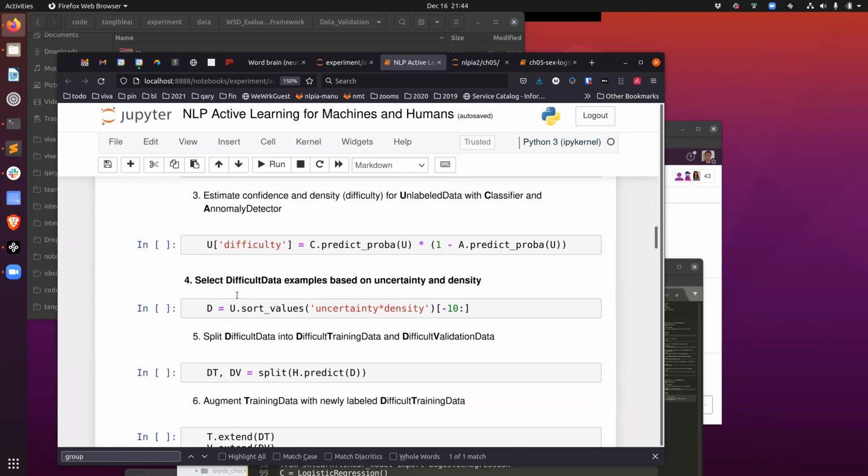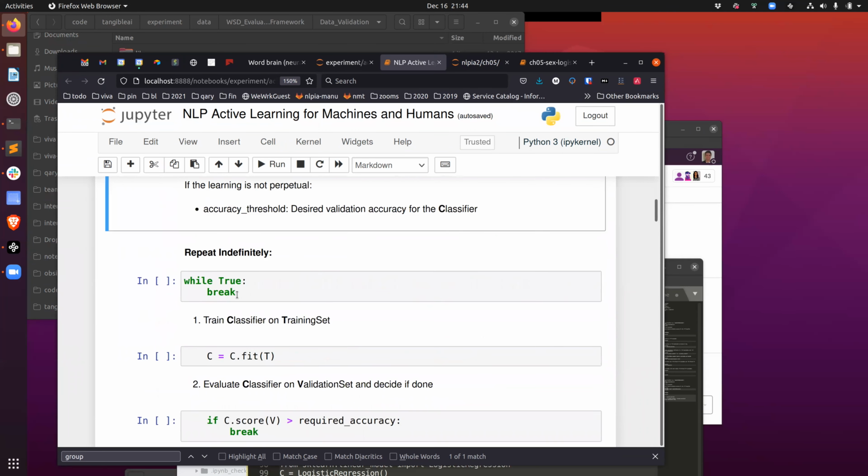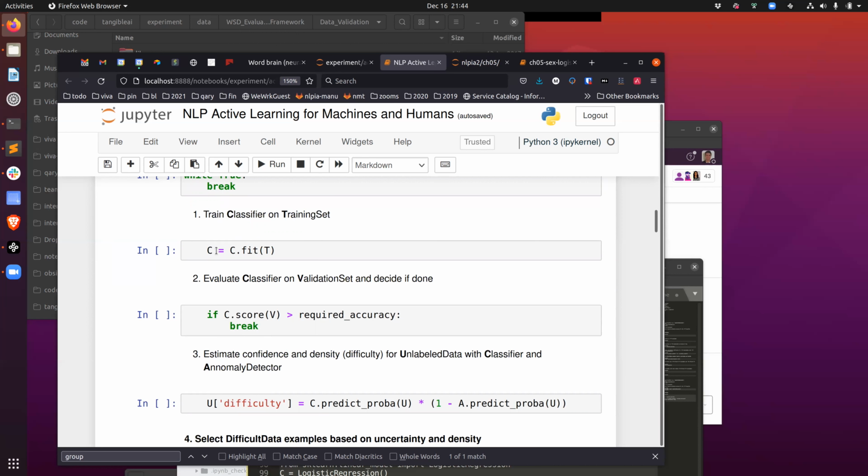There's only 6 steps in the algorithm, and you basically continue the loop until you're done, so until you've got a decent model. The first thing you do is you take those few examples that you've got and you fit your classifier to that training set. And then you evaluate how good that thing is.